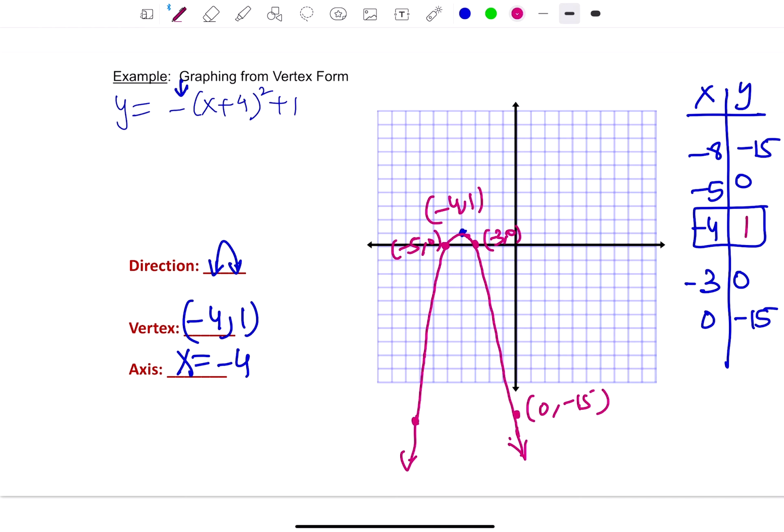If I want to find the coordinates of this point, let's think about it. The y coordinate is not going to be different, but the x coordinate will be different. So I'm exactly in the middle. This is negative 4. From negative 4, if I go 4 to the right, I'm at 0. If I go 4 to the left, I would be at negative 8. And that's our graph for this equation.